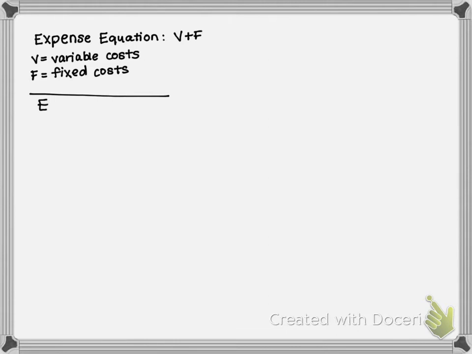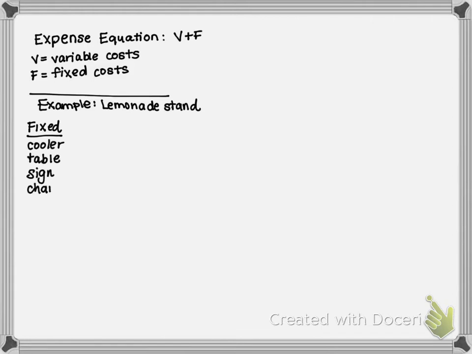So we're going to look at two different examples in regards to fixed and variable costs. The first example being a lemonade stand, and those of you that did this project might be familiar with it. But if we were creating a lemonade stand, some fixed costs here could be, for instance, your cooler to keep your lemonade cold, a table where you put your lemonade cups on, a sign to advertise your lemonade, a chair for you to sit, and maybe the pitcher to actually pour the lemonade in.